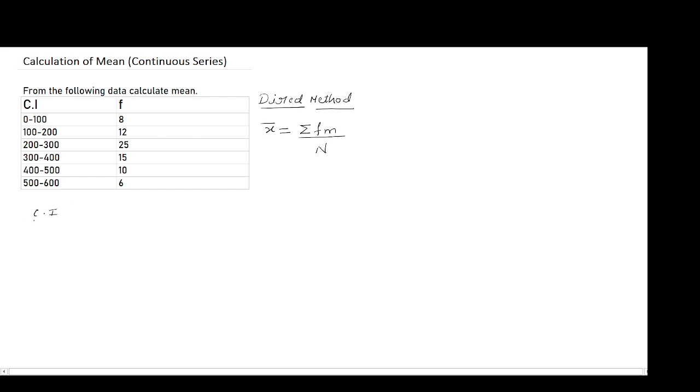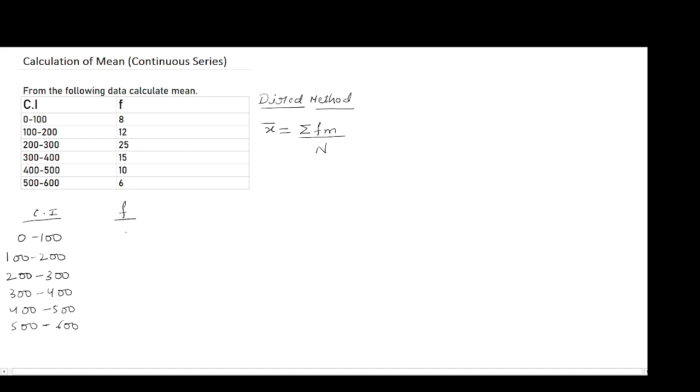First we are writing class interval, frequency which is given in the question. So class interval is 0 to 100, 100 to 200, 200 to 300, 300 to 400, 400 to 500 and the last class interval is 500 to 600.